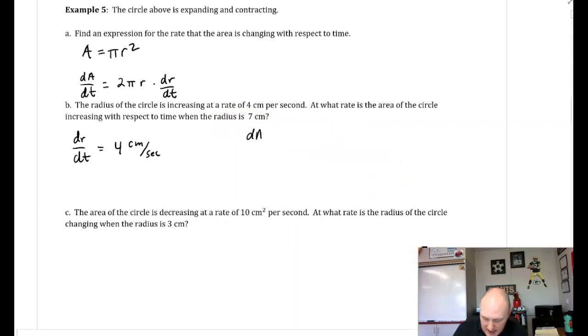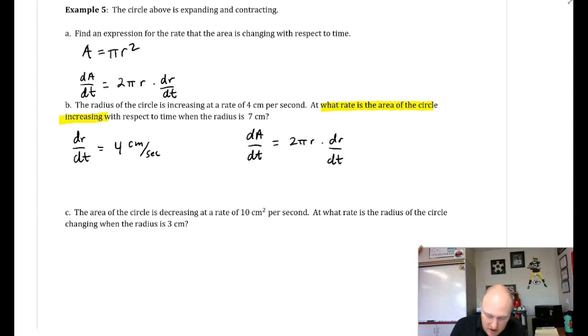dA/dt is equal to 2 pi r dr/dt. And now I'm going to use the given information and solve for the question that they want us to find, which is what rate is the area of the circle increasing?